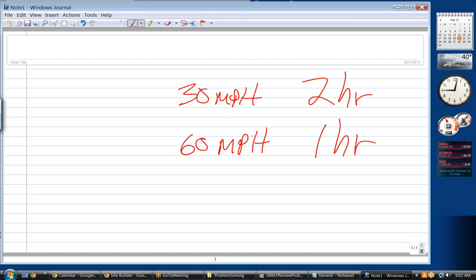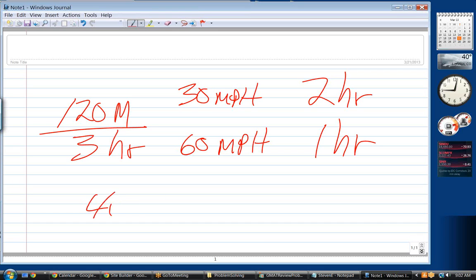So to get the average speed, we have to figure, what was our total distance traveled? If you assume it's 60 miles between Colorado Springs and Denver, we traveled 120 miles. We took 3 hours, so our average speed was 40 miles per hour.